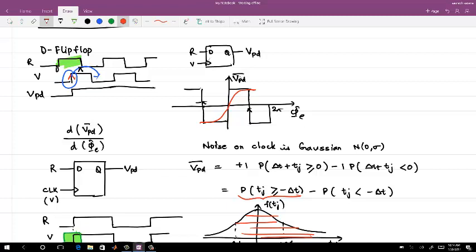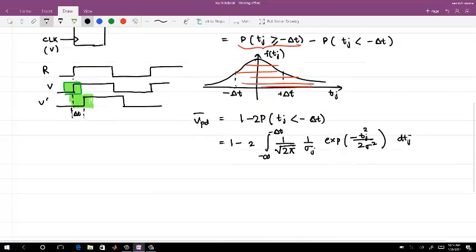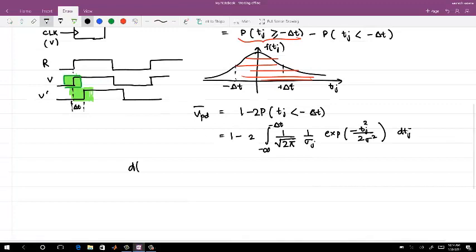Then you can approximate the gain of the phase error detector with one linear expression, which is d of VPD average over d delta t. You can do it with respect to delta t, or with respect to phi error.